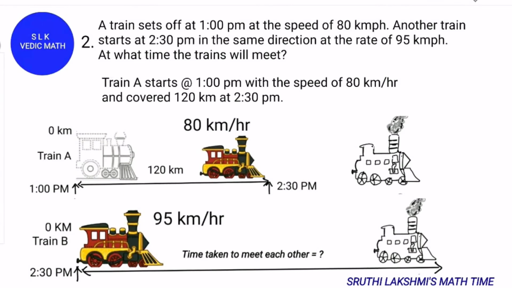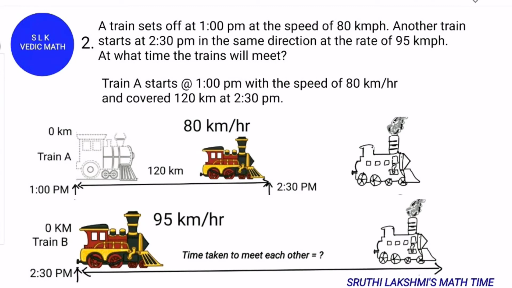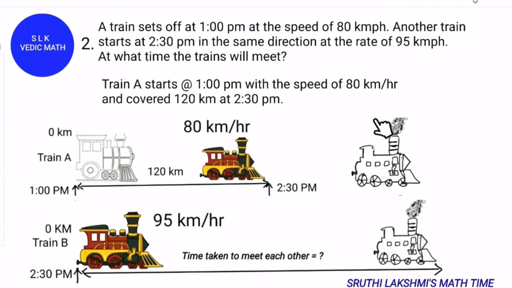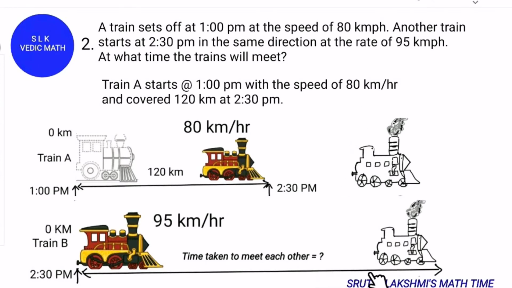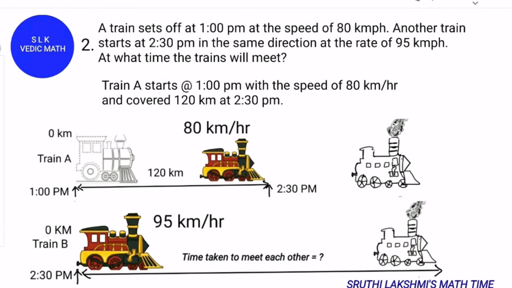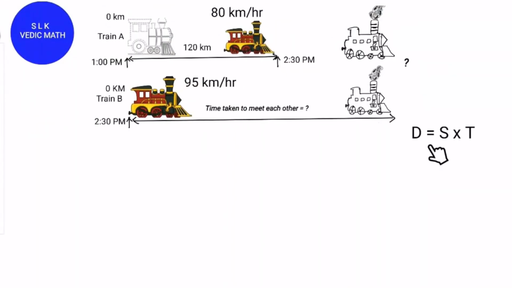So the question is, at what time will the trains meet? So we have to find when train A and train B meet each other. So this is how it will look when they meet each other. Distance is speed into time.